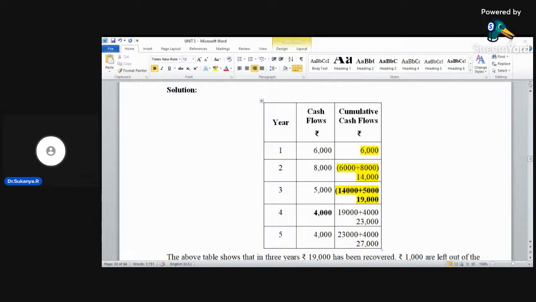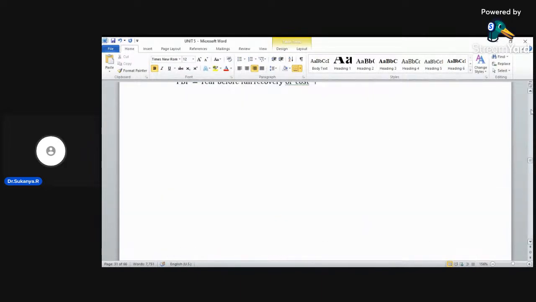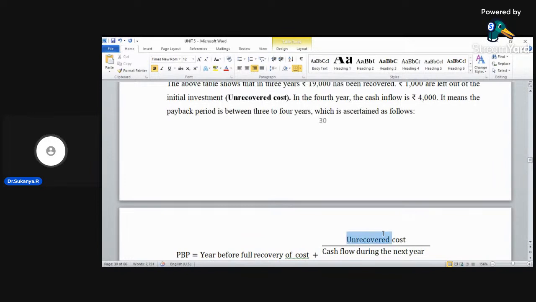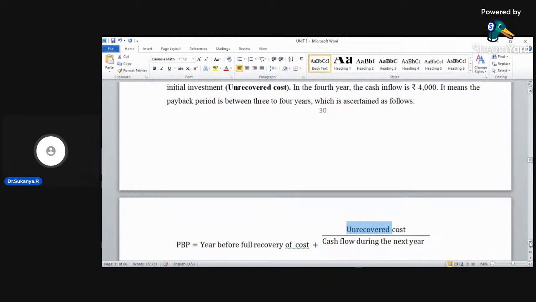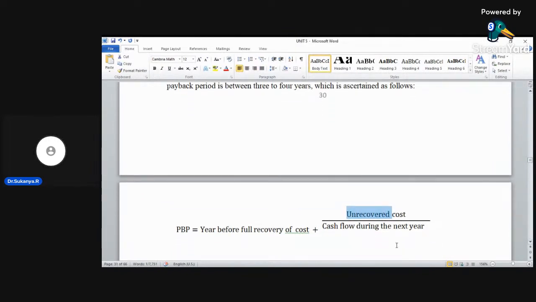Why? Because although the original investment is 20,000, at the end of the third year, you're able to get 19,000 rupees. So that is why how exactly you're going to calculate this payback period is that, yes, it is unrecovered cost. What is unrecovered cost? See, first of all, you have to take the year before the full recovery of the cost.